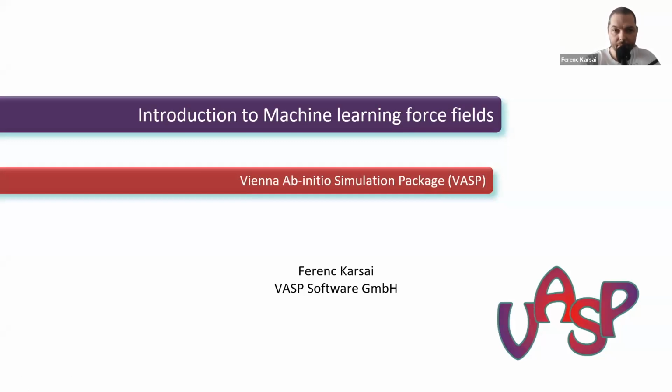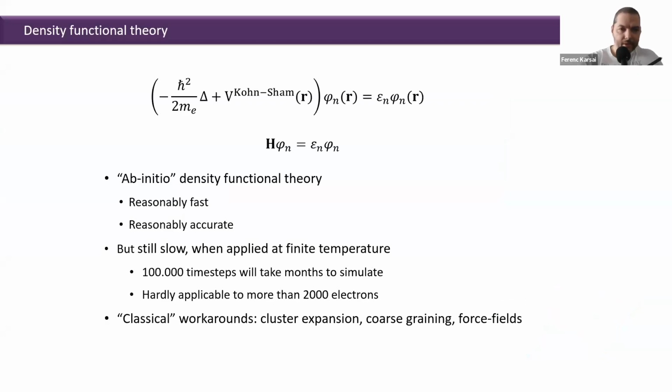Okay, so density functional theory, as shown here on top with its Kohn-Sham equations, has been the workhorse for computational solid-state physics and chemistry for many decades. It is quasi ab initio, despite a few parameters maybe. It's reasonably fast, and it's reasonably accurate.